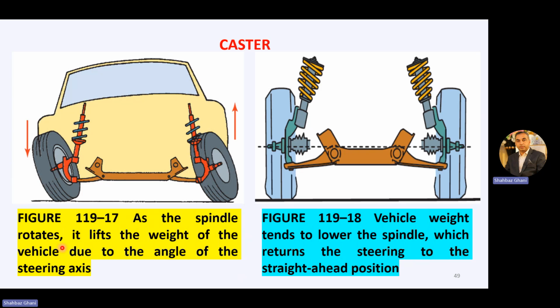Now, in this figure, the vehicle weight tends to lower the spindle, which returns the steering to the straight ahead position.